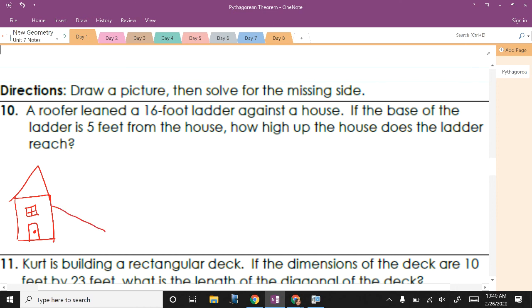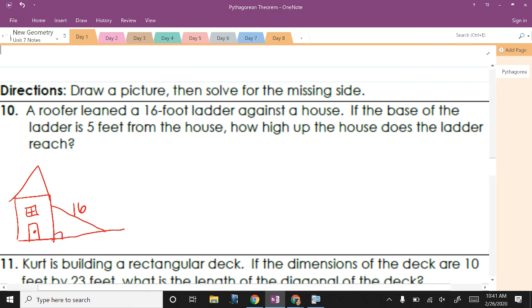So what is it looking like that ladder is going to be? A hypotenuse, right? If the base of the ladder, well, that would be the base. I guess my house is at the bottom of a hill or something. All right, so the base of your ladder is right here. It's 5 feet from the house.